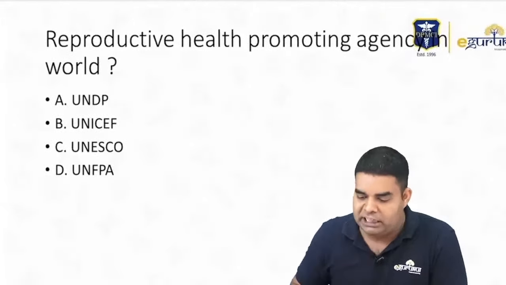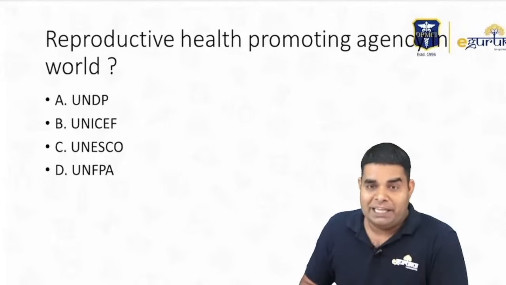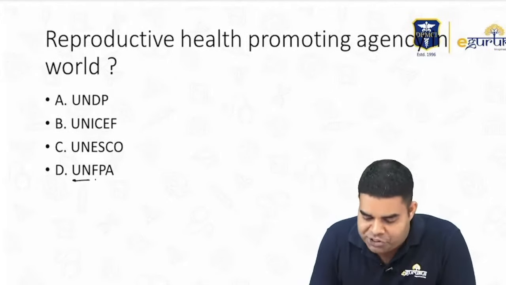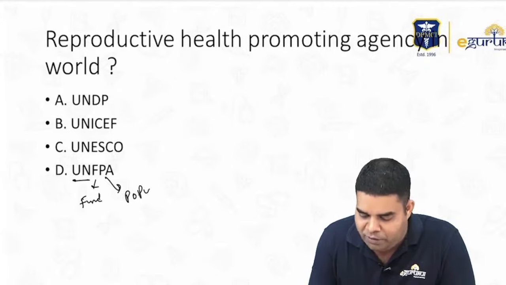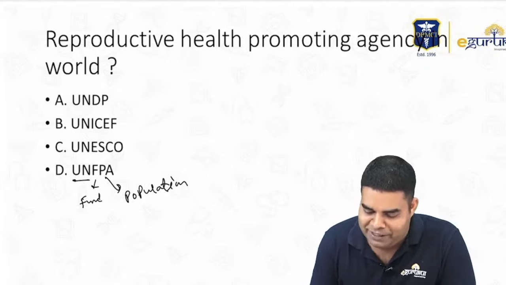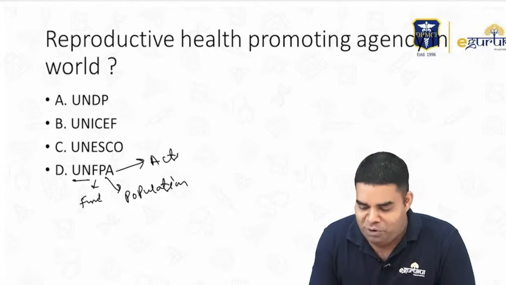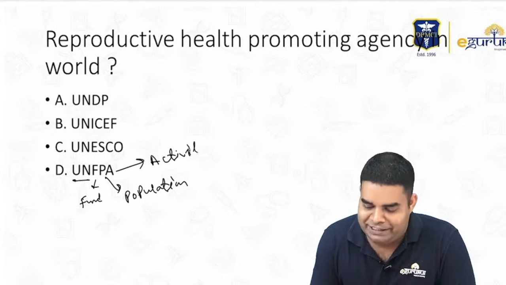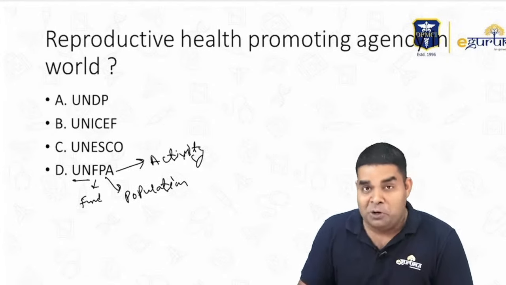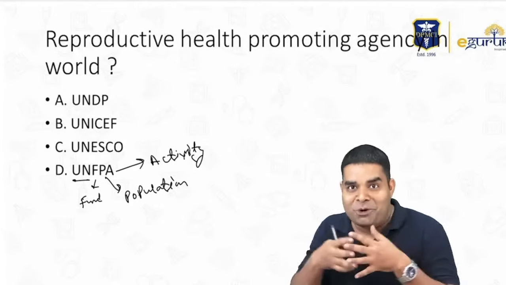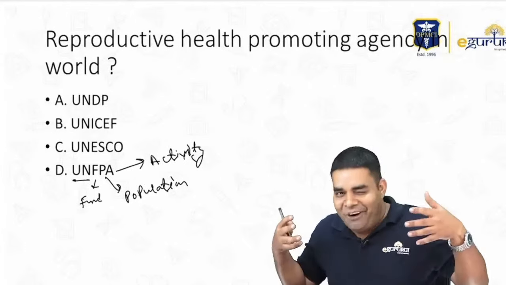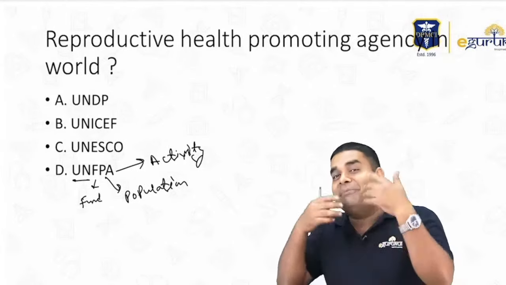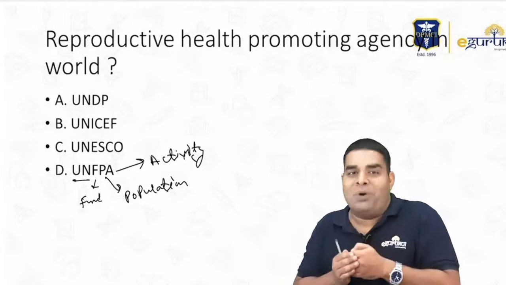Now, the reproductive health promoting agency in the world is definitely the United Nations Fund for Population Activities. Remember, in our class we make a joke of this topic: do they give money for having more population activity? No, of course, they do not give money for more reproduction, they give money for preventing reproduction.